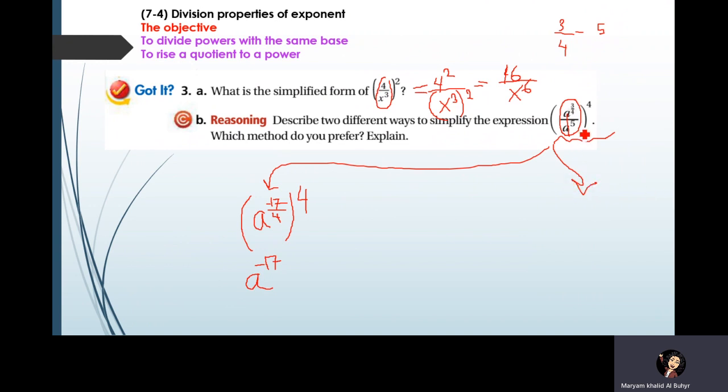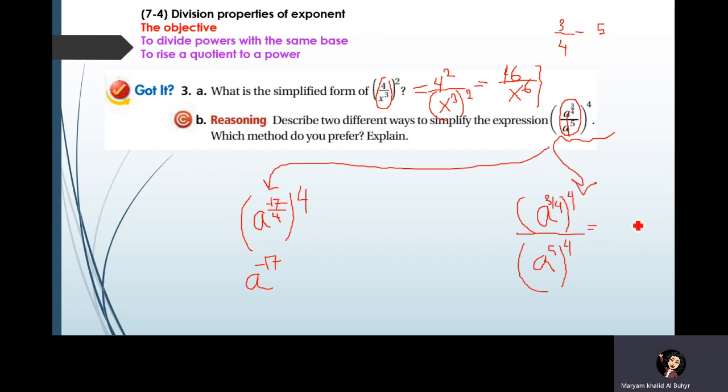Let me show you the other way. If I distribute first, according to what I said here, that will be a to the power 3 over 4, all this to the power 4, and down here, a to the power 5, all this to the power 4.